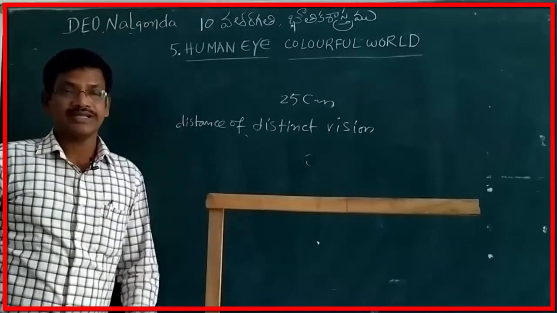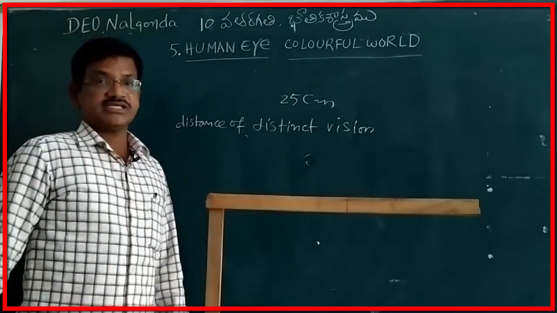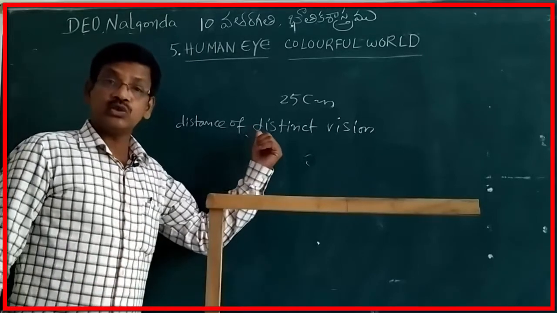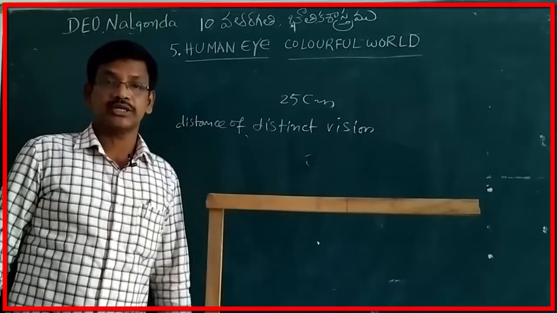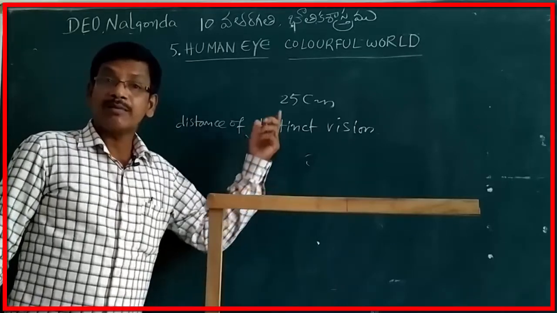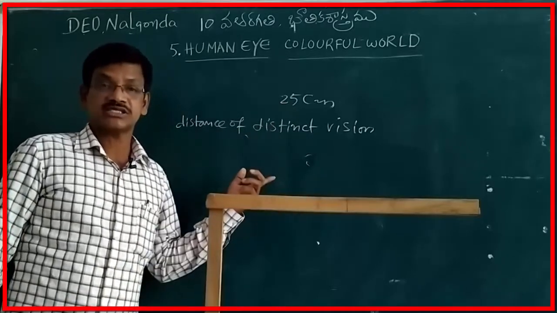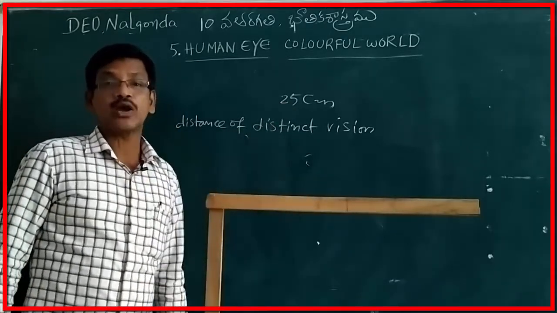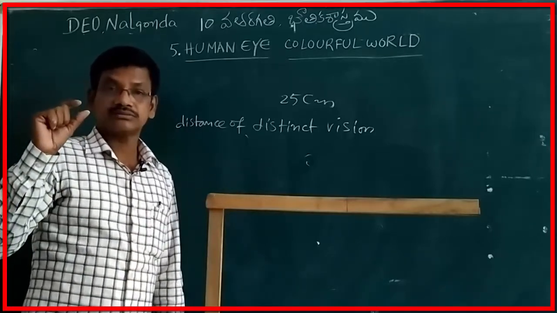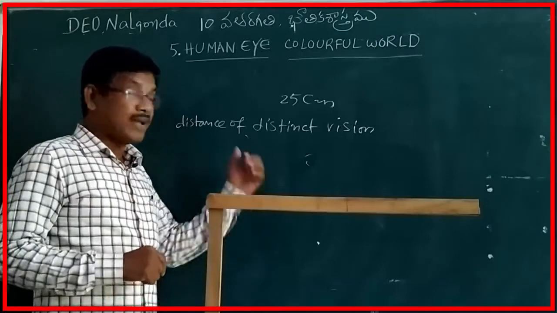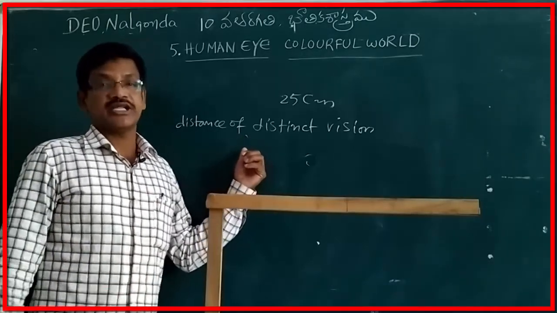For example, in the case of young people, say below 10 years, this value reduces to 7 to 8 centimeters only. The number 25 is reduced to 7 to 8 centimeters because the muscles around the eyes of young people are strong and can bear the strain to view objects at short distances.